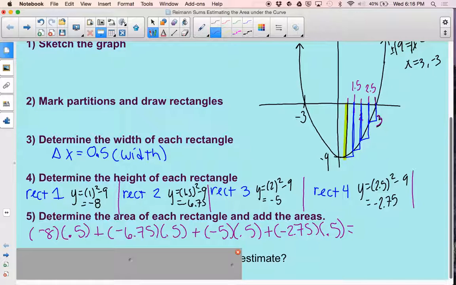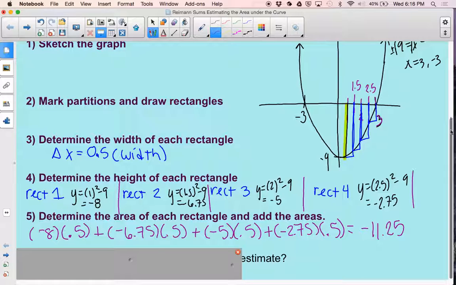And we'll do some quick math. All right, so I got negative 11.25.